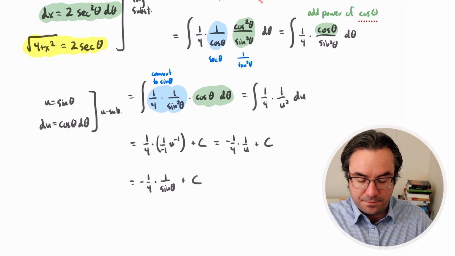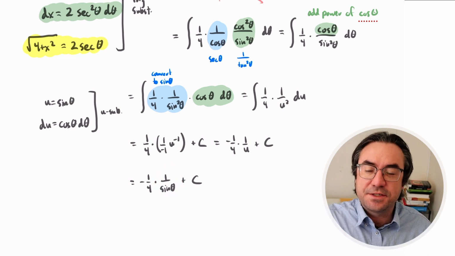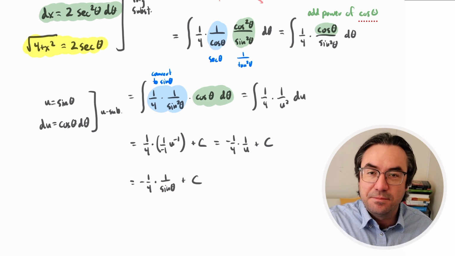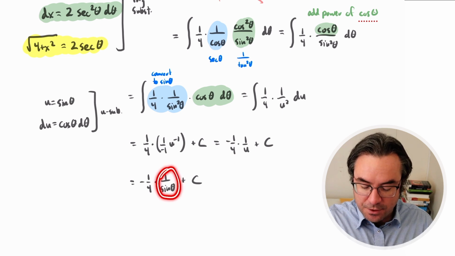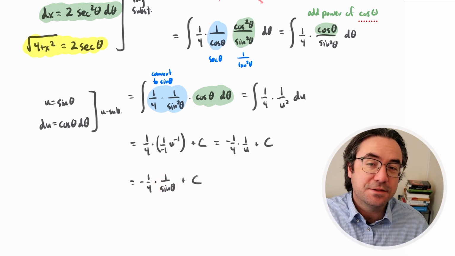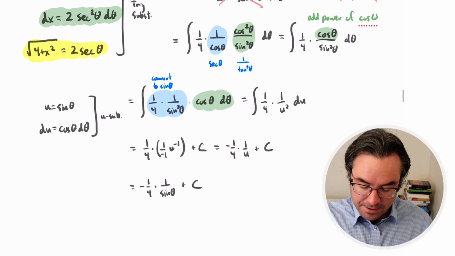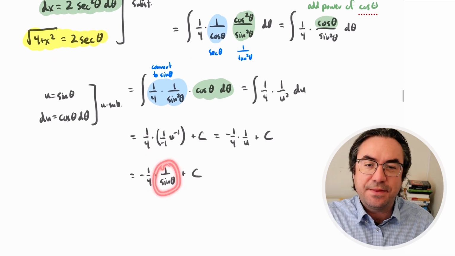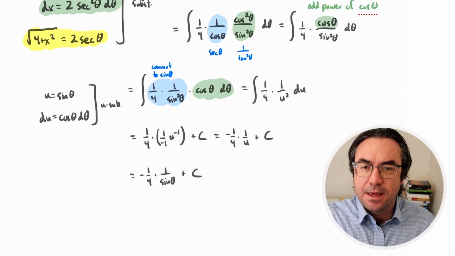Now we could leave this as just 1 over sine, perfectly fine. If we wanted to, we could convert that into cosecant, so that's another option. But we still have to get this back to x.